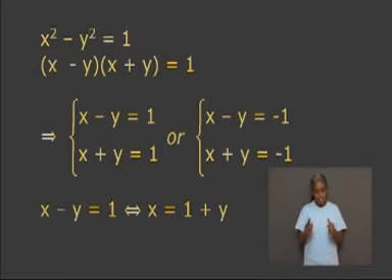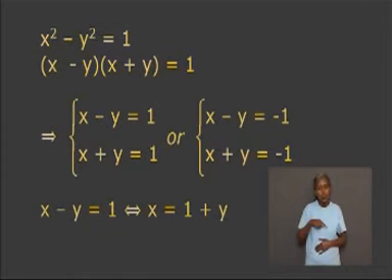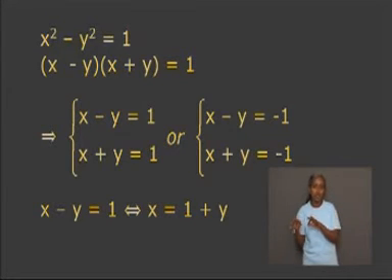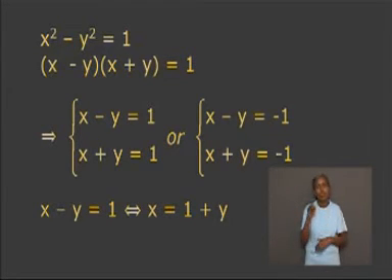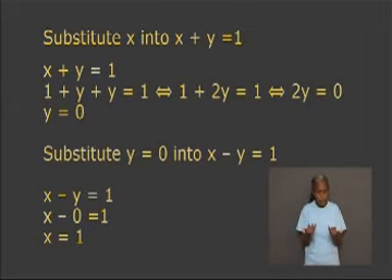In the first case, we can use substitution to solve for x and y. Now we can substitute x into the equation. Then we can substitute y equals 0 into the equation.